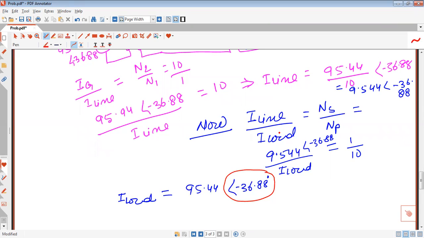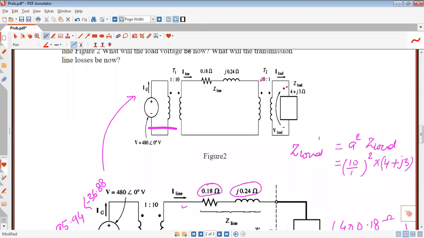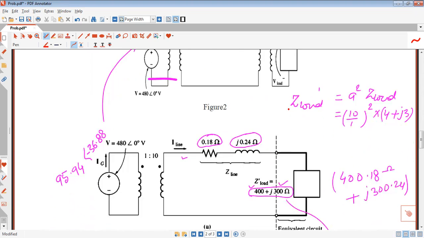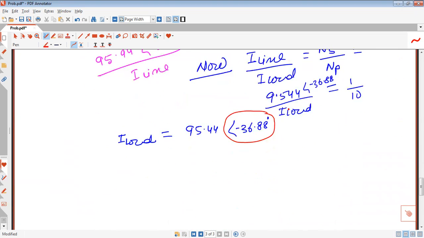Voltage at the load means we have to find the voltage at this place. So load current we have calculated, load impedance is known. So voltage will be load current multiplied by impedance. So let us see how we can find impedance. We have already known, so voltage at the load will be calculated.